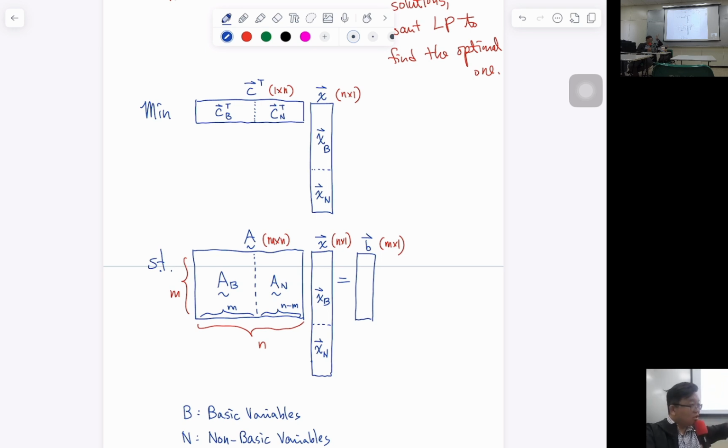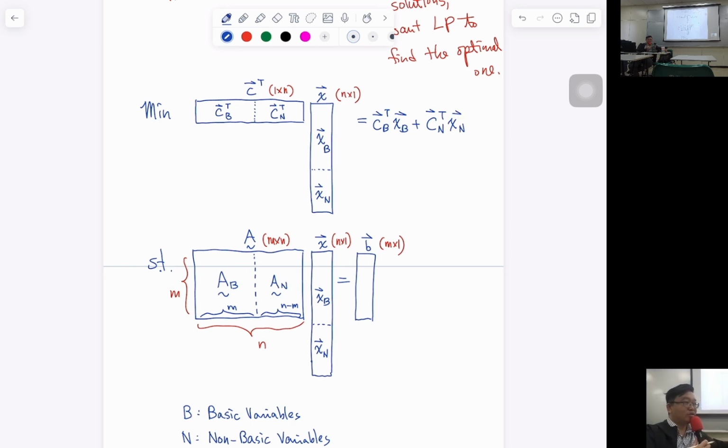Just put a wall between the numbers and call this group big B, call this group big N. That's all. Nothing fancy. But when we do that, the objective can be written as cB transpose xB plus cN transpose xN.